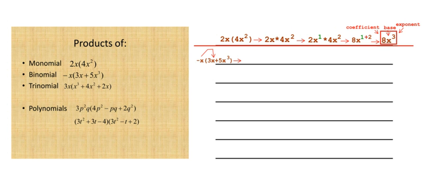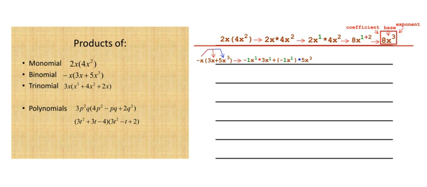Negative x times 3x, keep in mind the negative, so negative x times 3x. And negative x times 5x to the third. You're welcome to use parentheses. But remember, positive times negative will give you a negative for that one, right? So it'll give you a negative x times 5x to the third.